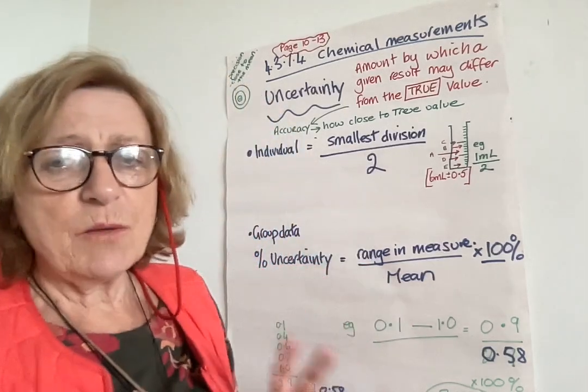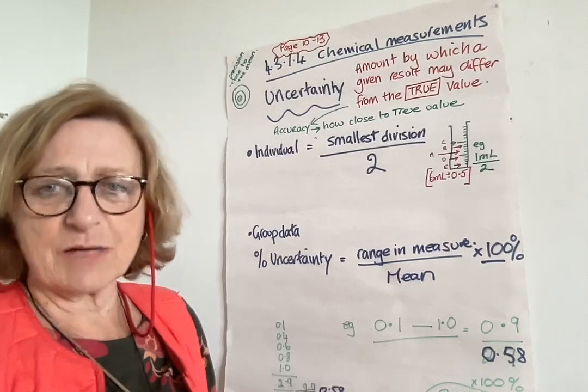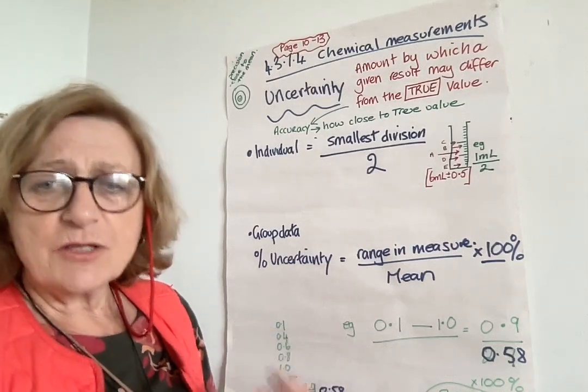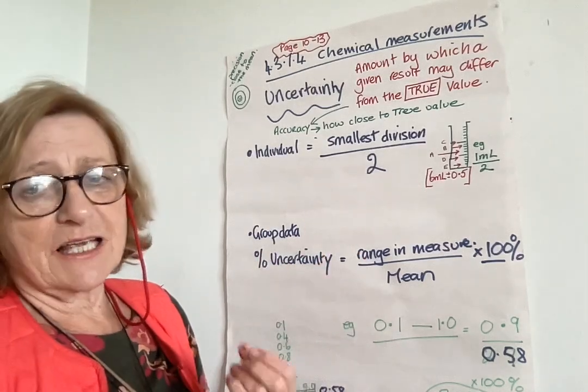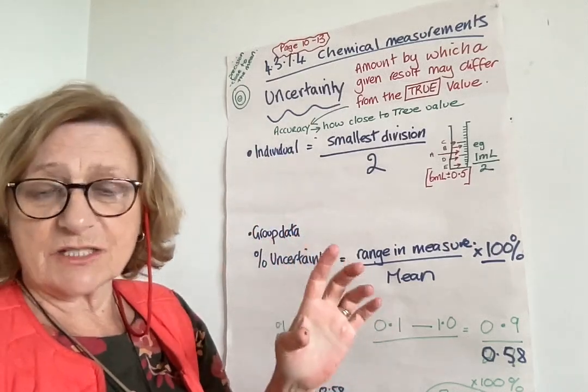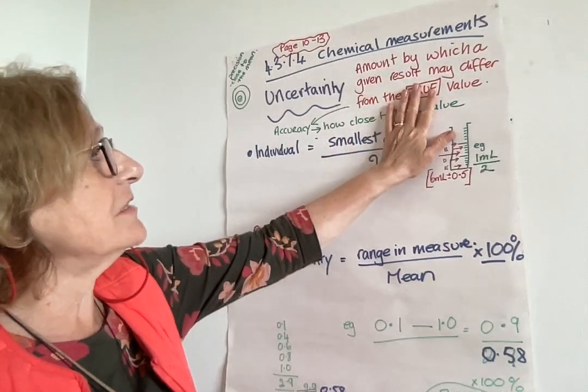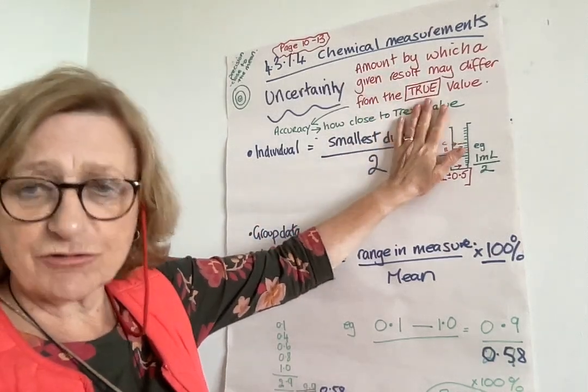Okay, so when we're taking chemical measurements, you cannot give an exact measurement. The degree of accuracy of your measure will always have an element of uncertainty. Now, the definition of uncertainty is the amount by which a given result may differ from the true value.